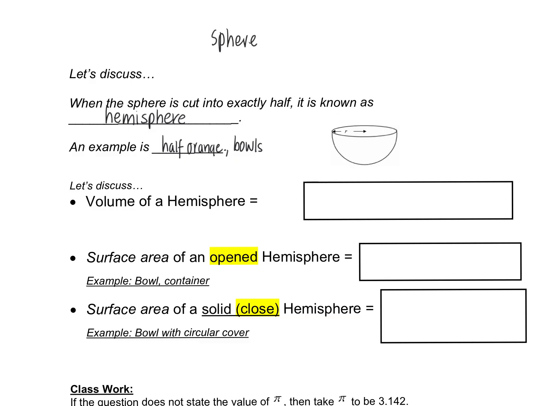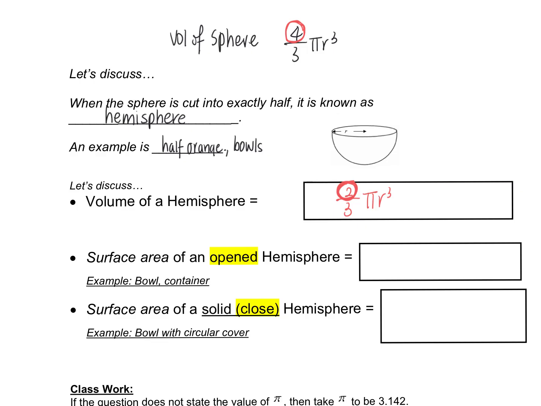Sphere is 4/3 pi r cube. What do you think is the volume of a hemisphere? So it's 2/3 pi r cube. Instead of 4/3, it's only 2/3.